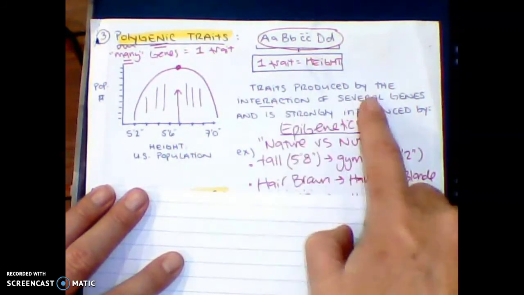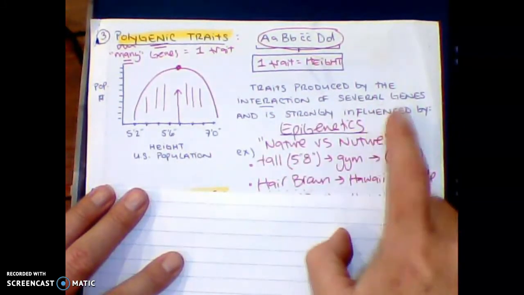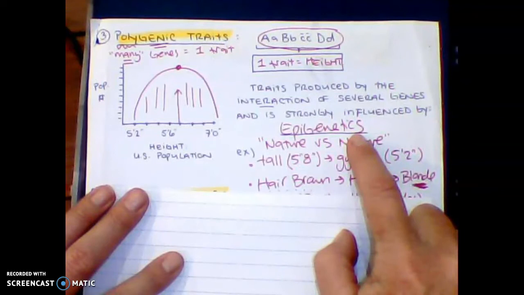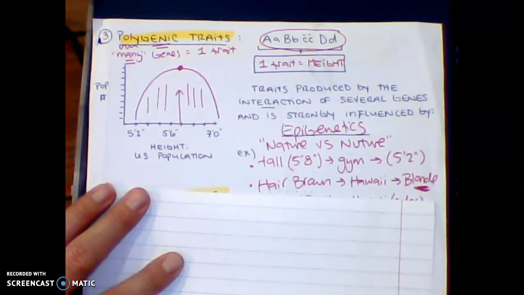Now, polygenic traits are produced by the interaction of several genes and are strongly influenced by epigenetics. So height is not just, hey, you're born to be 5'7", but height can actually get influenced by nature versus nurture.